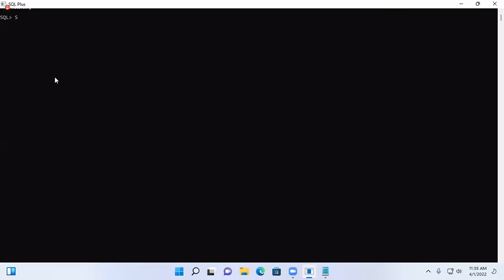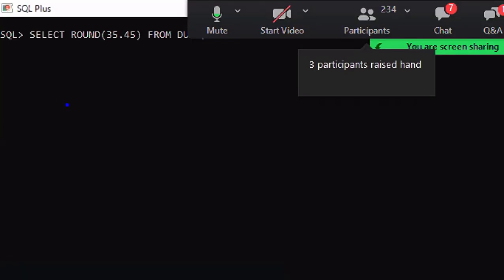For example, if I pass the ROUND function with 35.45, this is my expression. In this expression, 35 is the whole part, and after the point, on the right side, how much is there? 4. That means 0.4.